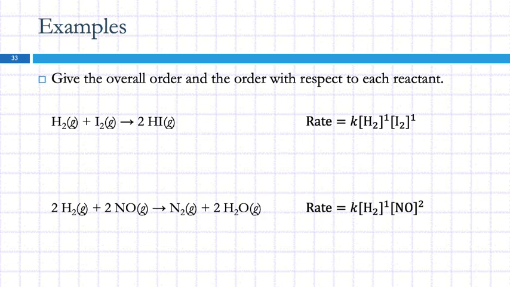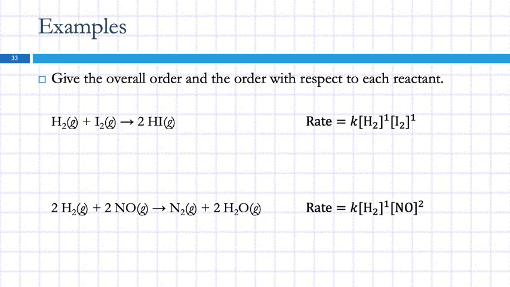Okay, give the overall order and the order with respect to each reactant. So they're giving us a chemical equation and the rate law. If we want the overall order, we're not going to look at the chemical equation. It's not going to help us out at all. We're going to look at the rate law.